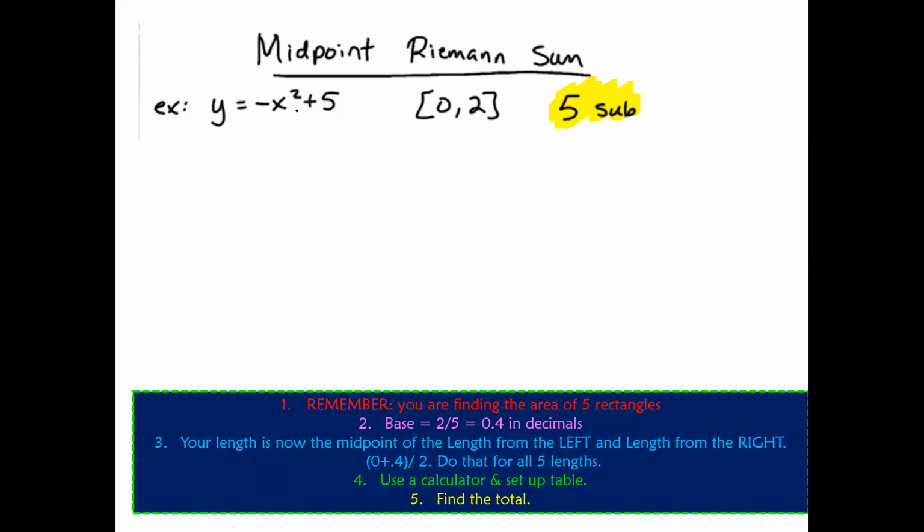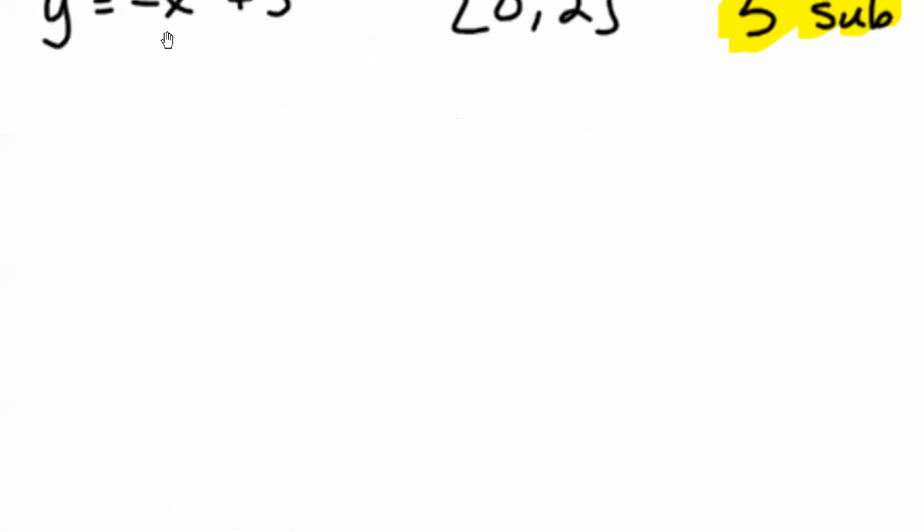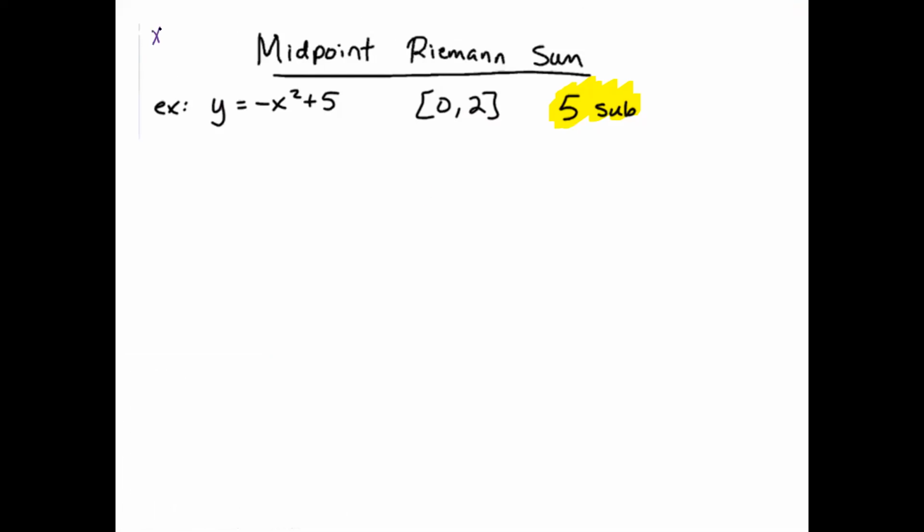You have negative x squared plus 5. So what that means is that it is going to be a parabola. Oops, I don't know why I put a square there. Okay, so if it's a negative x squared, you know it's going to be a sad face parabola.